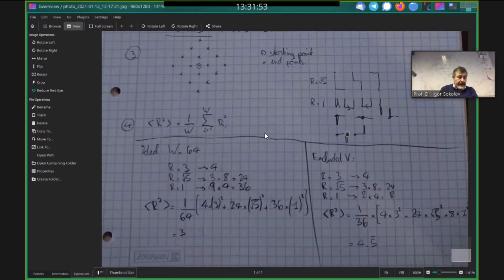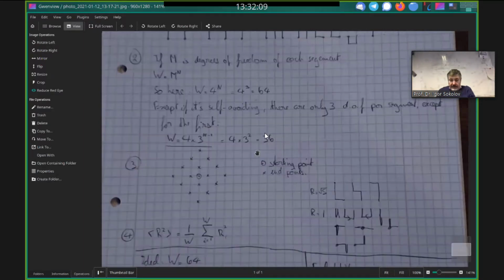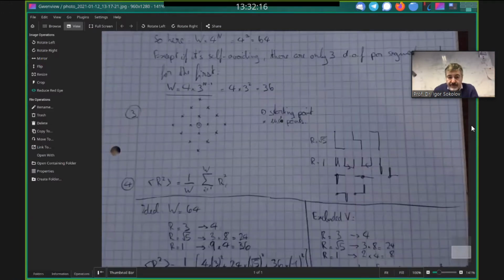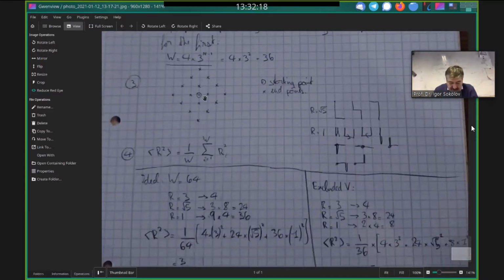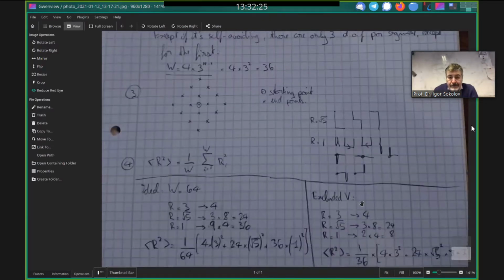Initially, for the ideal chain where it can fold back on itself, there were 9 possibilities, and I stopped counting after all of them add up to 64, because that's the number of possibilities, W, and there can't be more than W. So this is correct. And for the second case, I found W equals 36, and this works as well.